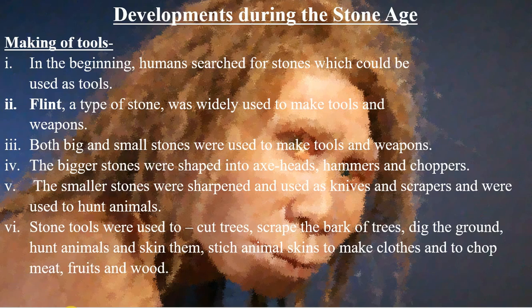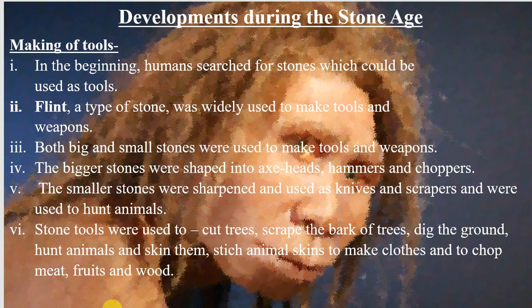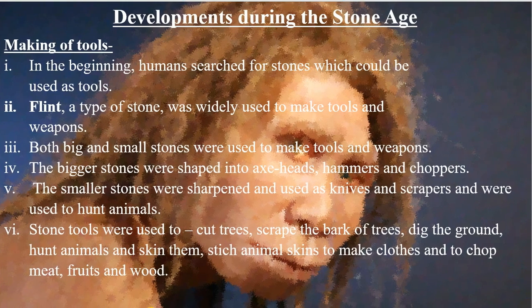I have discussed here a word, flint. Flint was a type of stone, widely used to make tools and weapons. Let us see how this flint looked, because this was a stone widely used to make tools and weapons.